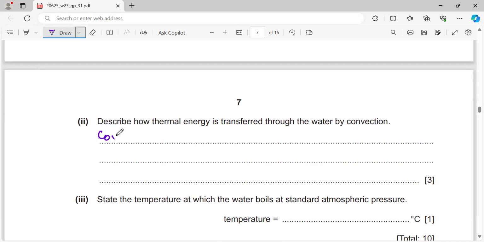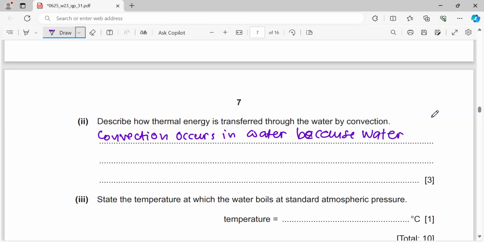Convection occurs in water because water or liquid particles at the bottom of the pan gain thermal energy.